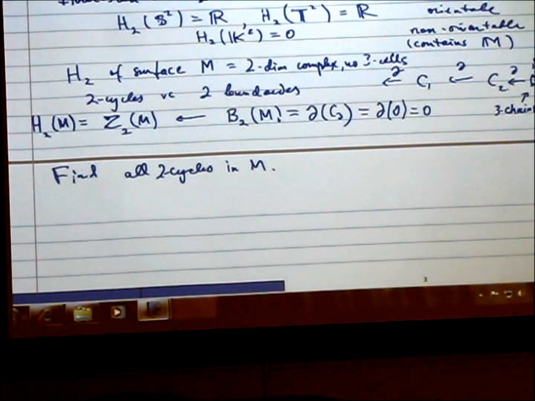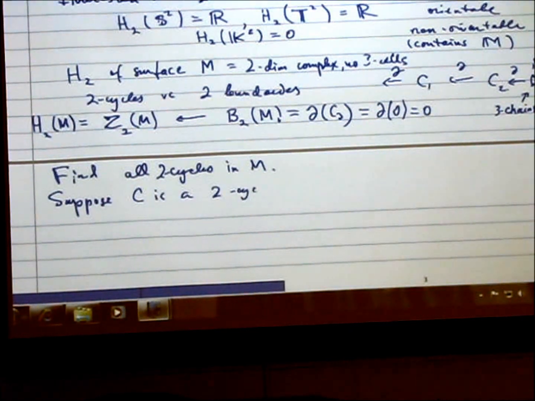It seems complicated, but turns out, no, not really. So suppose C is a two cycle. Then, by definition, DC is equal to 0.